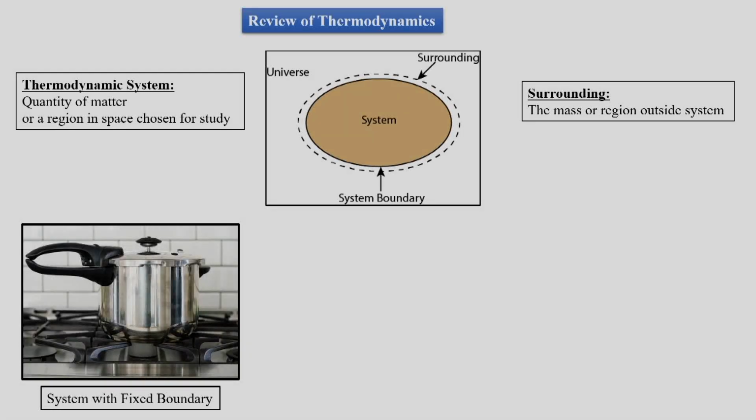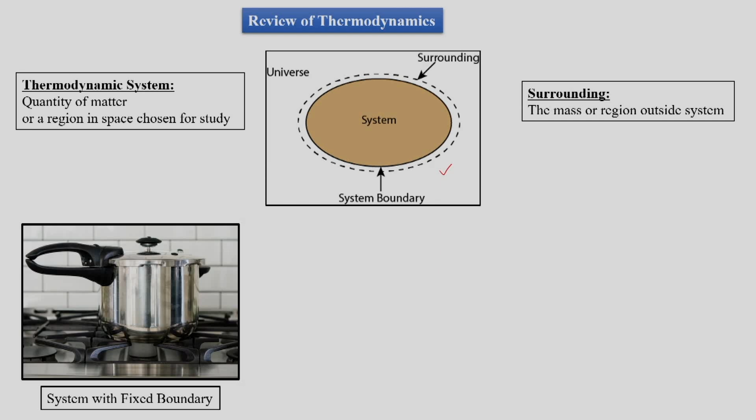For example, we have a system with fixed boundaries. As stated over here, the ellipse shown in the figure is the system, and the dotted ellipse in this diagram is basically the system boundary, but this system boundary can be stationary or can be moving.